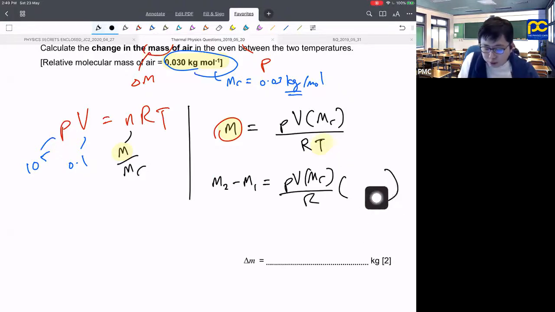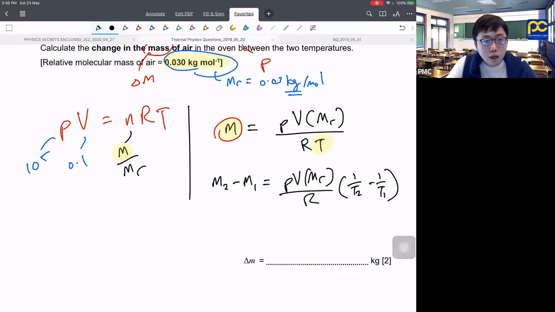The only variable is the T. Throw in over here, 1 over T2 minus 1 over T1. Don't need to use shortcut. We have a problem today because the mass is inversely proportional to temperature. And therefore, what you get after you take out the common factor will be 1 over T2 minus 1 over T1.